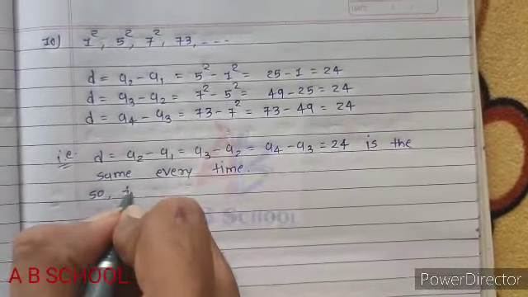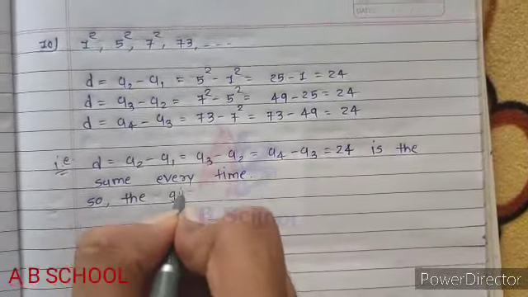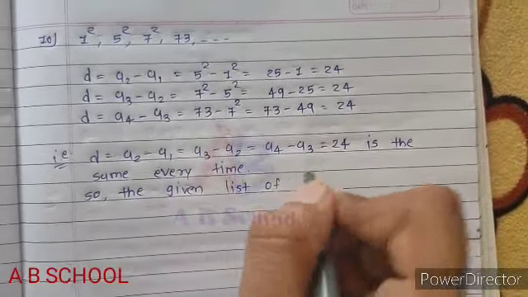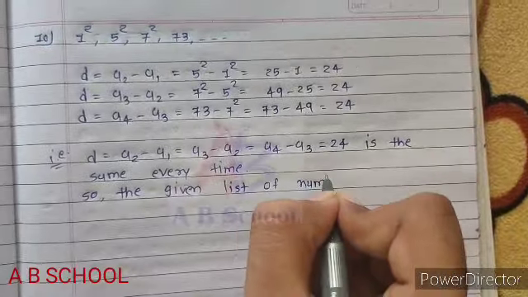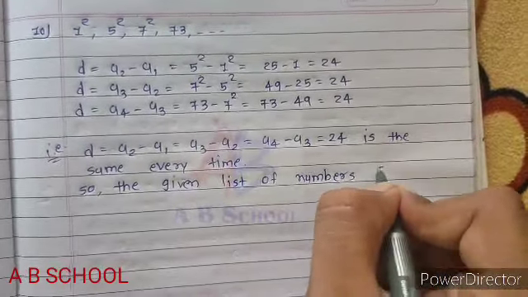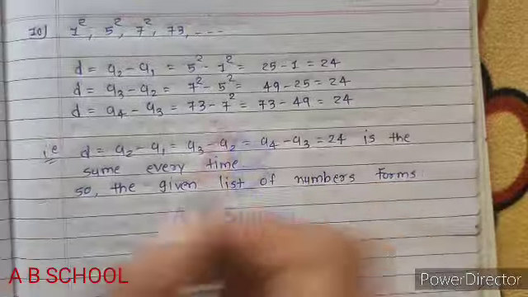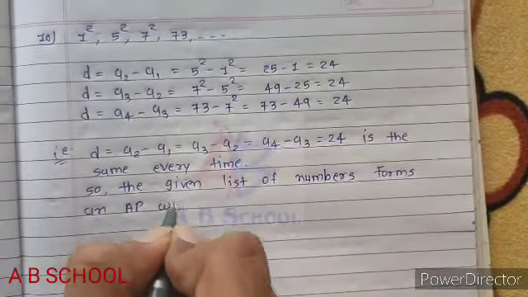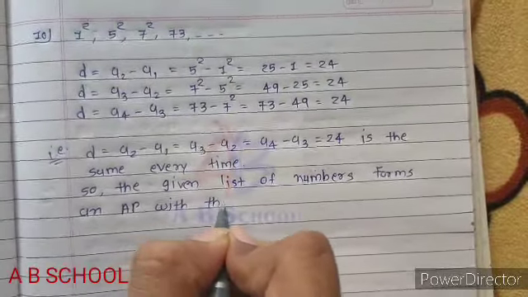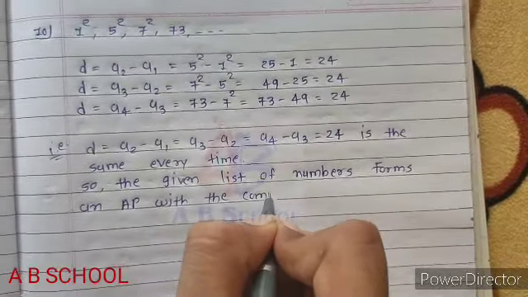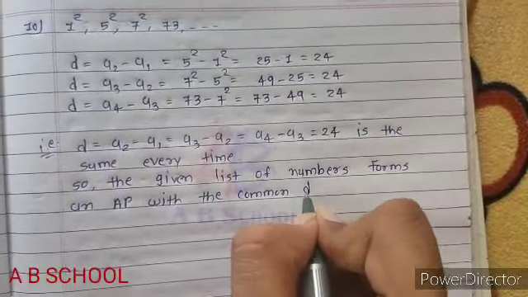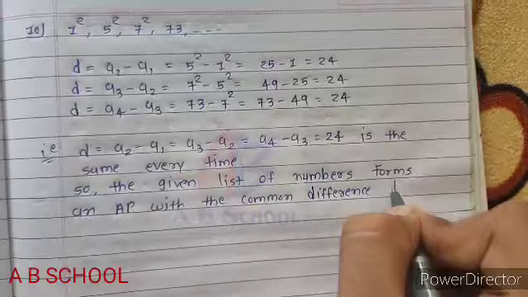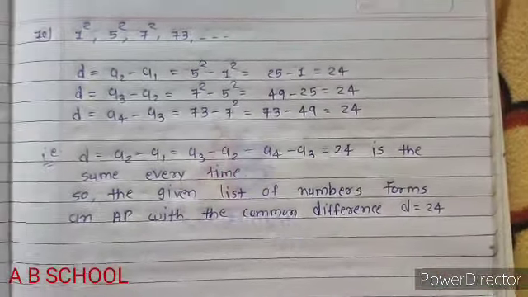So the given list of numbers forms an AP with the common difference D is equal to 24.